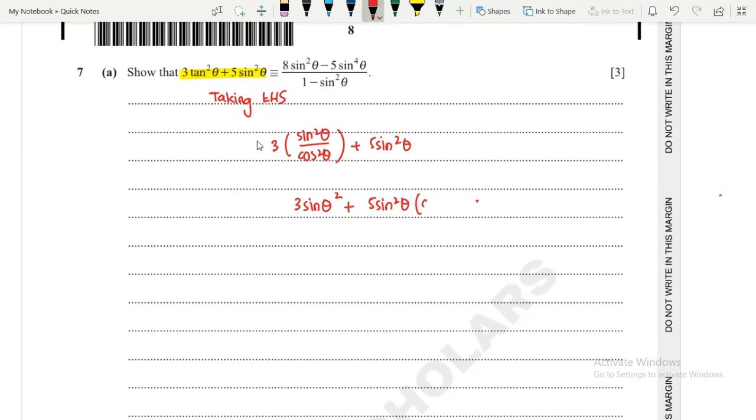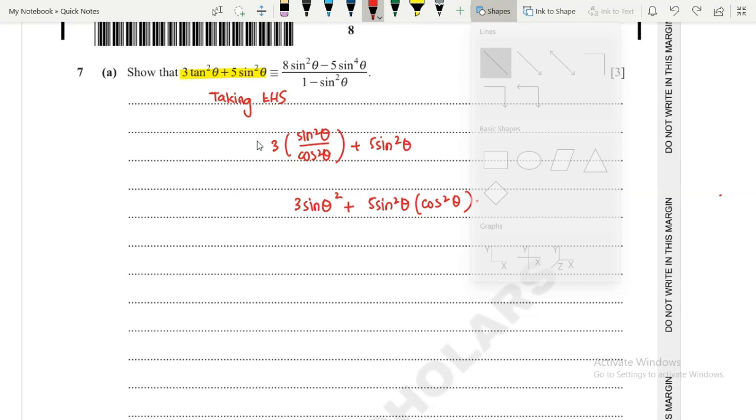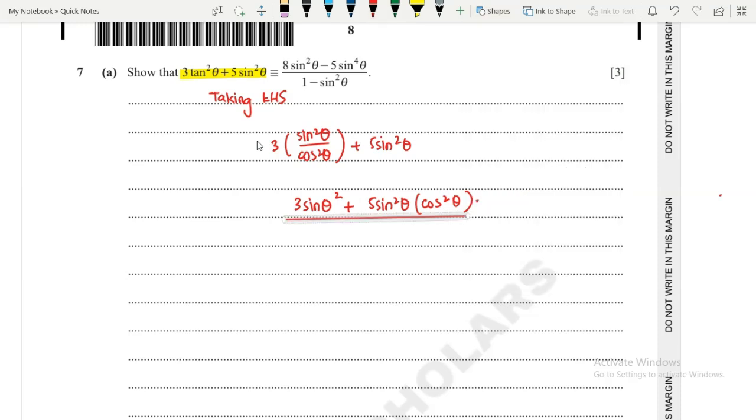We have this whole term divided by cos square of theta.